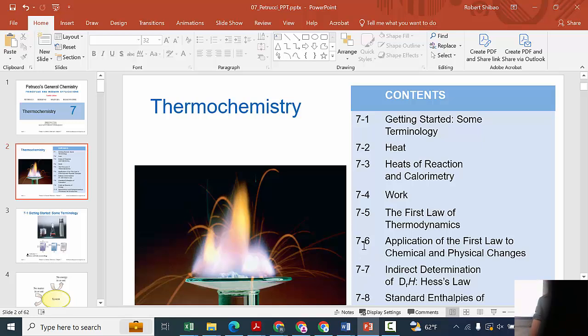And just to give you a breakdown, in 7.1 we're looking at some terminology, just some definitions there. And then in 7.2 we'll talk about heat and reaction. Actually, work is introduced earlier, heat and work. And then the first law of thermodynamics, which I'll probably introduce earlier.